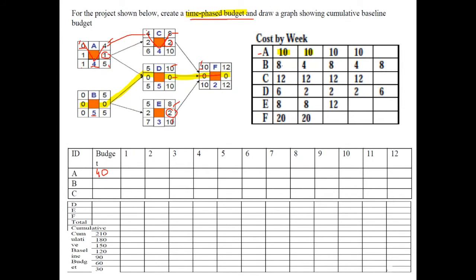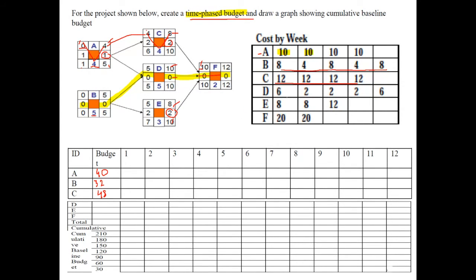For activity B, the total summation of all the weekly costs comes to 32 grand. For activity C, the summation is 48 grand.